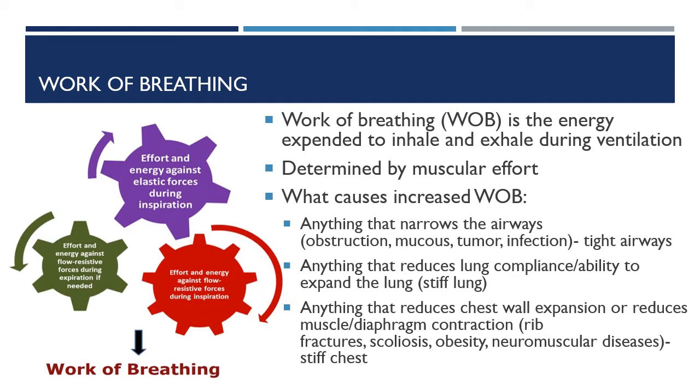Okay, so rib fractures, morbid obesity, neuromuscular diseases such as myasthenia gravis or Guillain-Barré can reduce chest wall expansion and increase the work of breathing because they can't take deep breaths anymore. Okay, so look at those three on the left and see how they interact, and all of them can increase the work of breathing if they're not functioning normally.